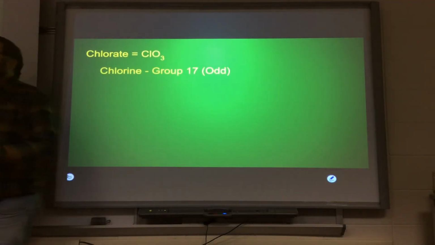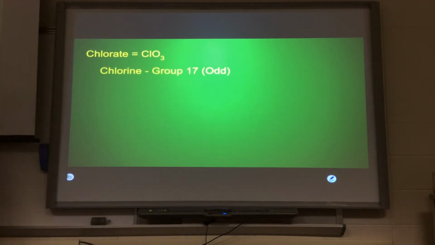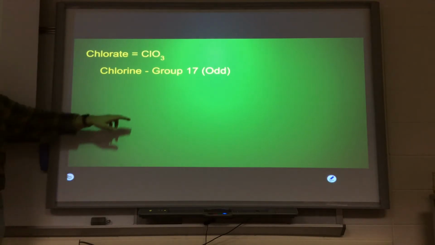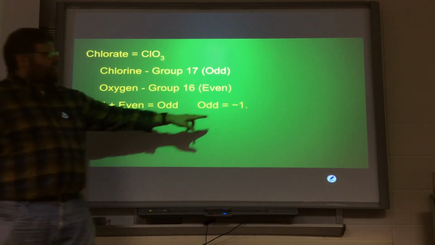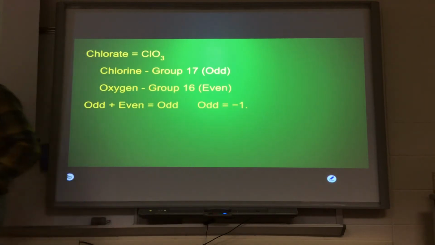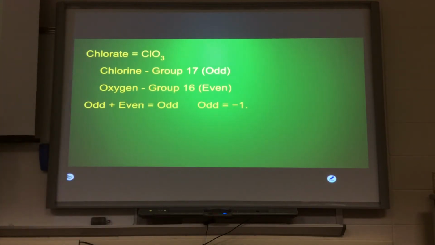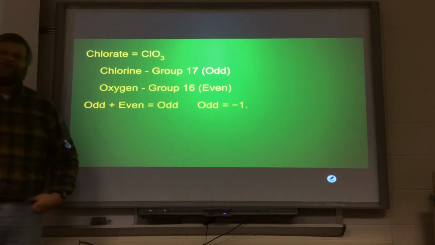Well, chlorine is in group 17, which is odd. And we know oxygen is in group 16, which is even. Well, an odd and even together is odd. And your odds are going to be a 1- charge. So where it says odd, you can put -1, and your even would be -2.